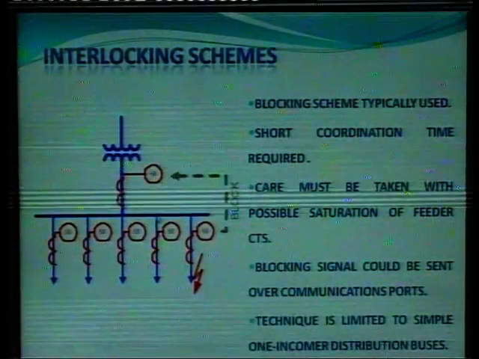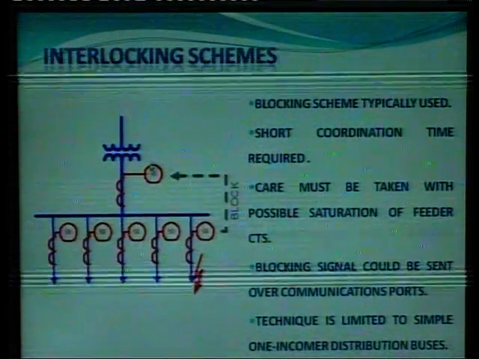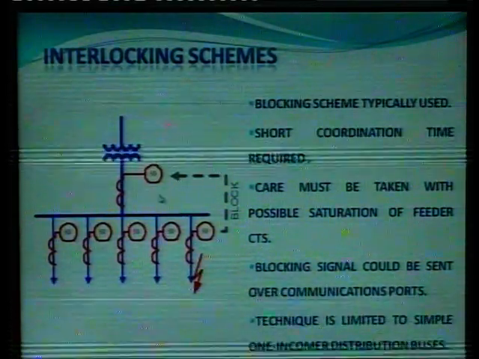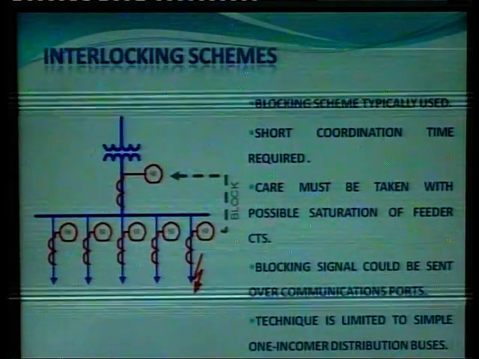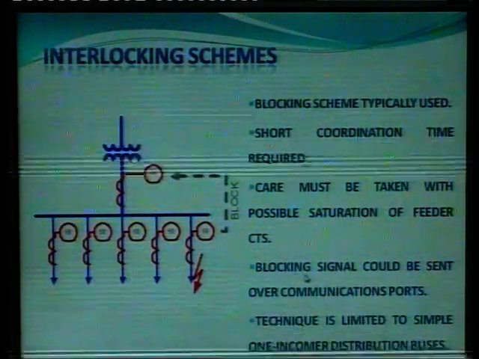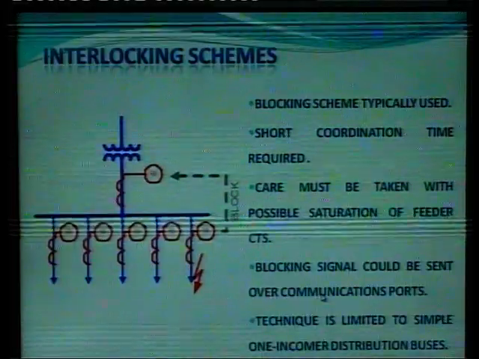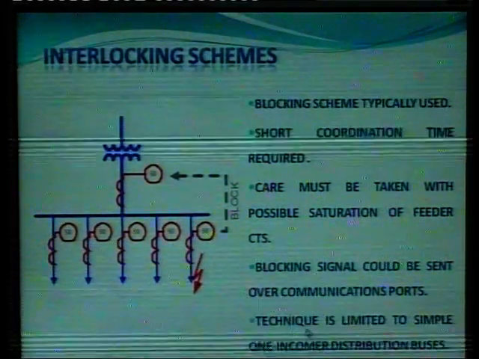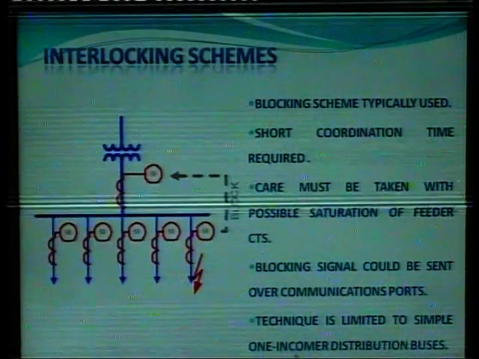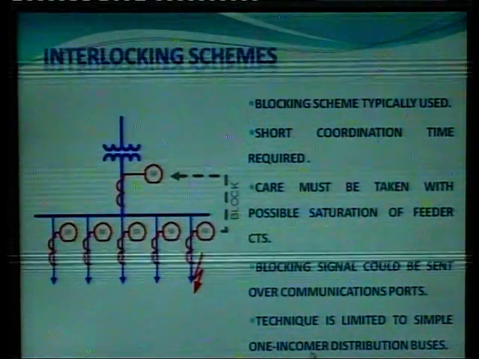Now, here these CTs must have the same turn ratio. Now the blocking signal could be sent over the communication ports, and the technique is limited to simple one incomer distribution buses.